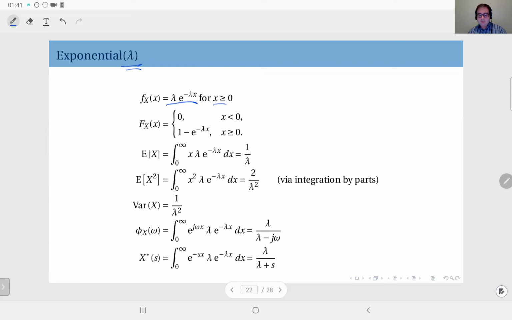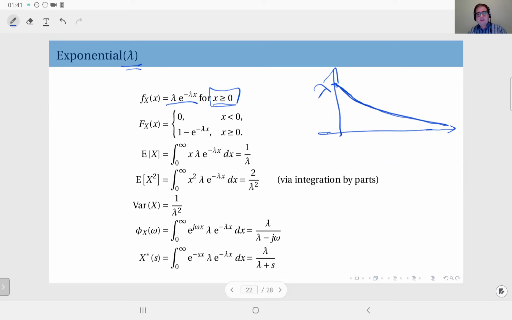Okay, and this is a one-sided distribution, and is defined for x greater than or equal to 0, and it's something like this. Okay, this is the PDF. Starts at lambda. It takes its maximum value at lambda, and it's a convex curve.